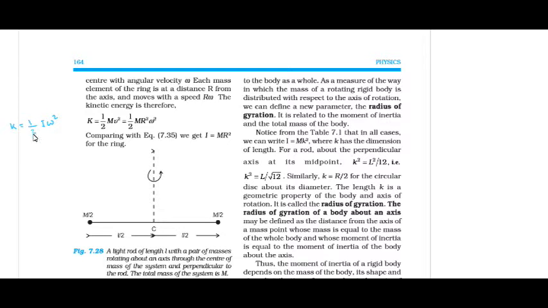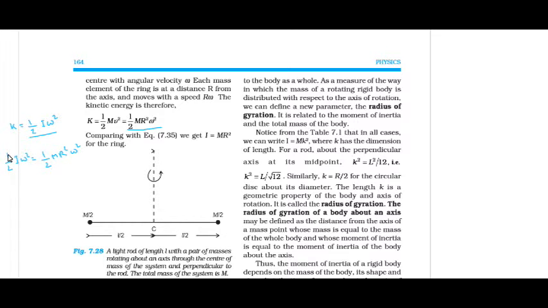Comparing half I omega square with half m r square omega square, both are kinetic energy, so half I omega square is equal to half m r square omega square.